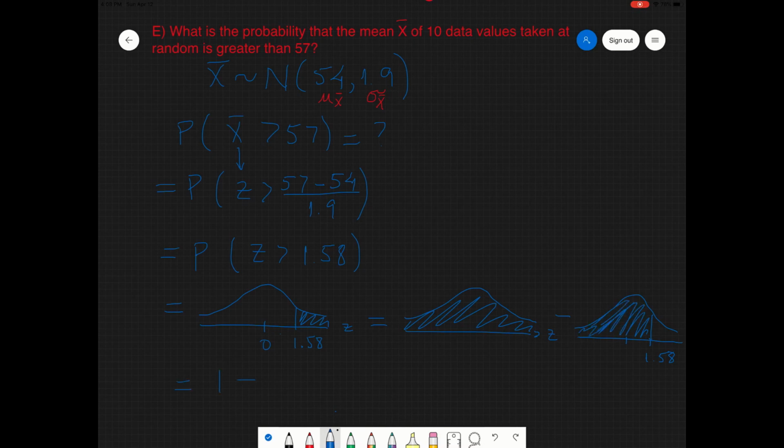So our probability is equal to 1, the total area under the standard normal curve, minus the area to the left of 1.58, which corresponds to 0.9429. So the value we're looking for is 0.0571. Therefore, the probability that the X bar value is greater than 57 is equal to 0.0571.